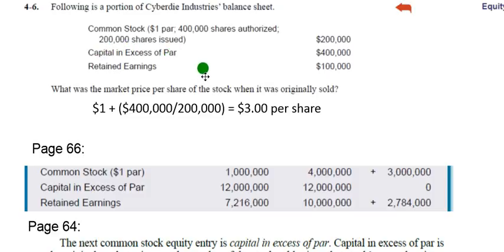So we take the dollar amount, the capital in excess of par, the money that they made over the par value, divided by the shares that were sold or issued, and that's going to give us the price per share in excess of par, which is $2. Then we simply add back in the par value, and that's going to give us our $3 price per share. And that's problem 4.6.